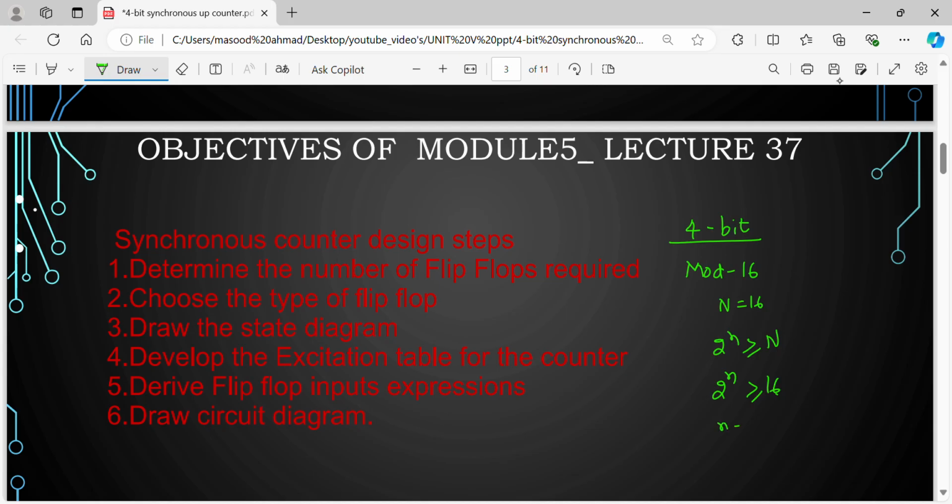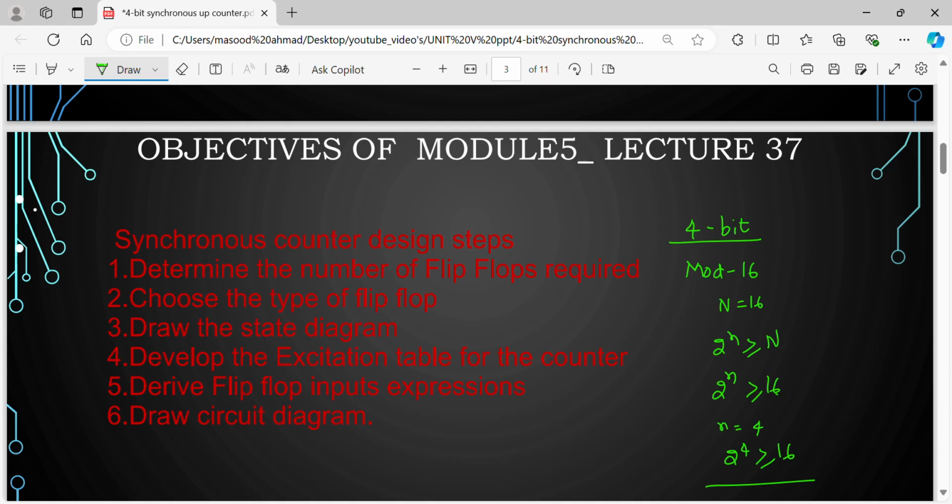For n equal to 4, 2 power 4 is greater than or equal to 16. So 4 flip-flops are required to design this 4-bit synchronous up counter.